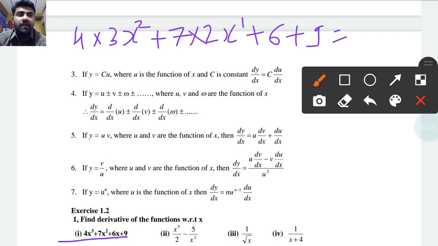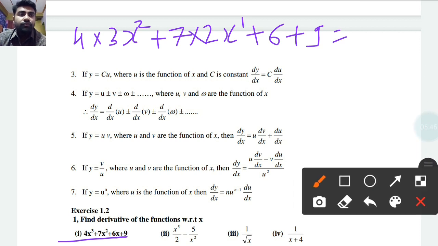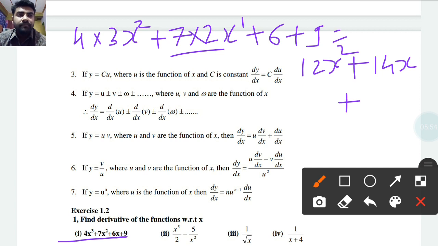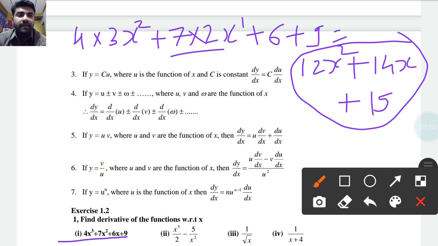So this becomes 4 into 3, 12x square, plus 7 into 2, 14x, plus 6 plus 9, so that is 15. So our solution is this one.